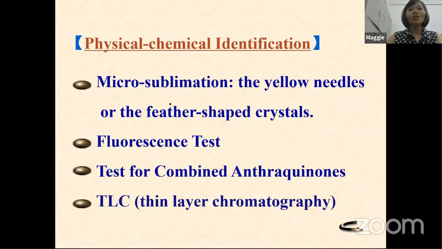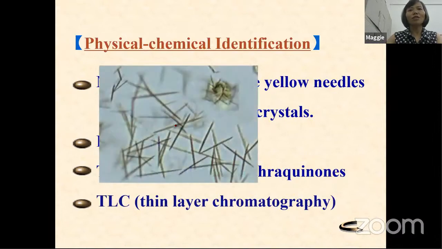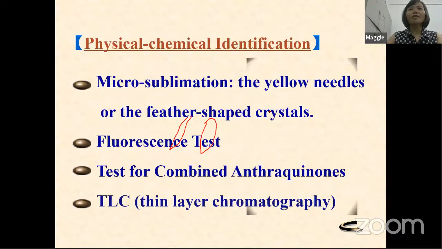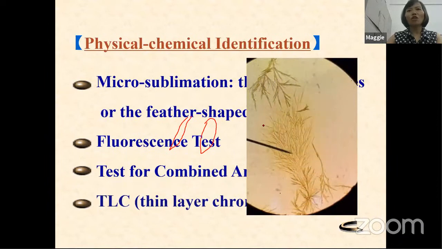Like in this picture, the yellow needle shape crystals are formed at lower temperature. At high temperature, feather-shaped crystals form. So these are microsublimations.